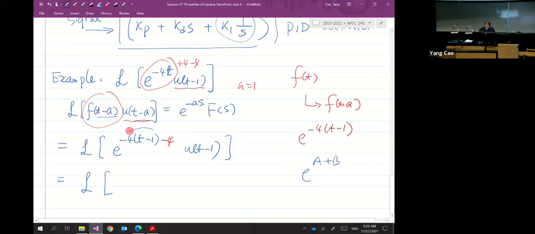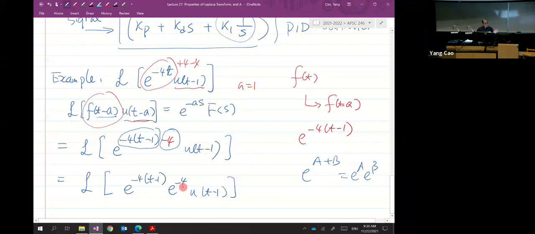So a is this and b is this. You have two terms in addition, e to the power a and e to the power b. So I can rewrite it as e to the power negative 4 times t minus 1, e to the power negative 4, and u of t minus 1.